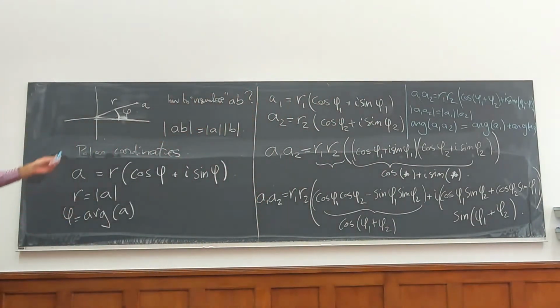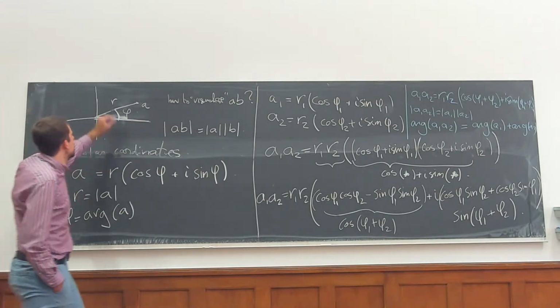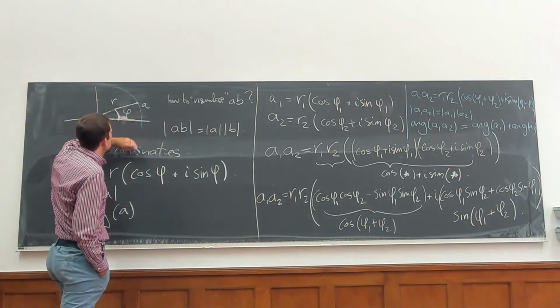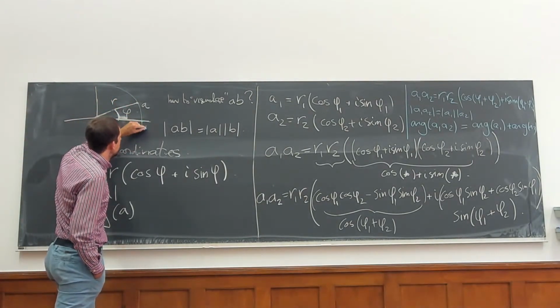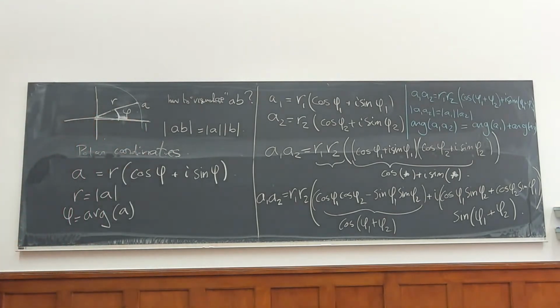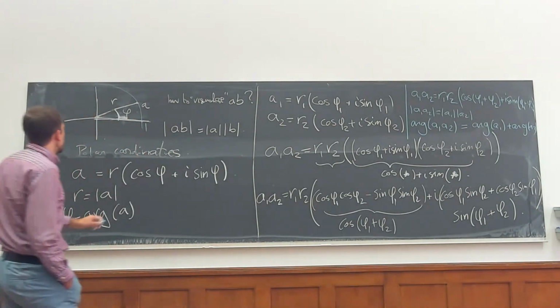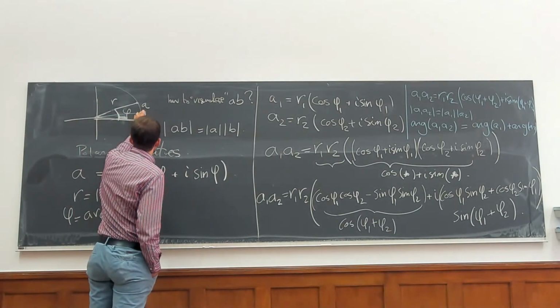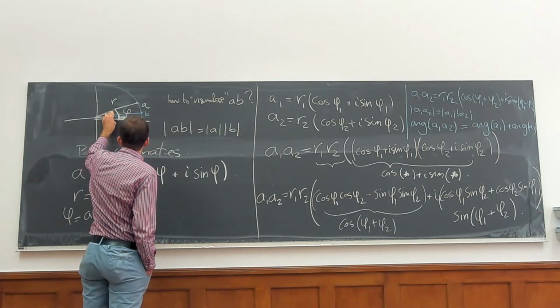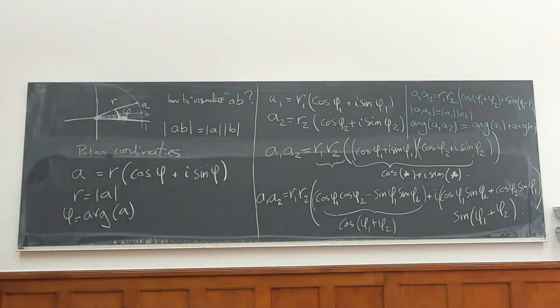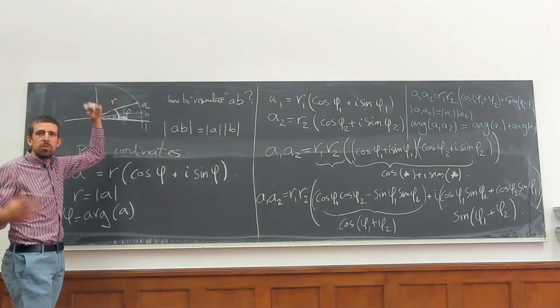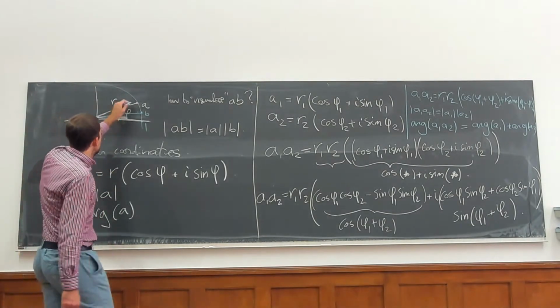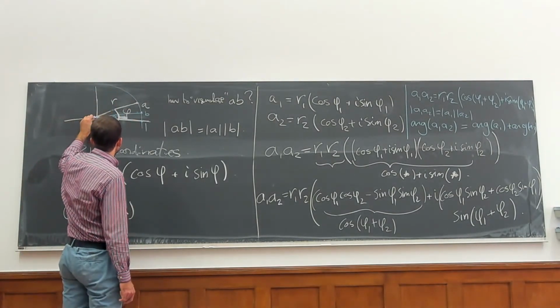Right, and so in particular, if I have a number A, let's say that this is a number of modulus 1, right? And I have another number, say B, with some angle theta, then when I take the product, because I drew the picture so that they have norm 1, so that nothing happens to the modulus, A times B will just be the sum of the two angles.